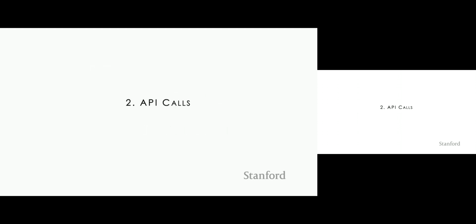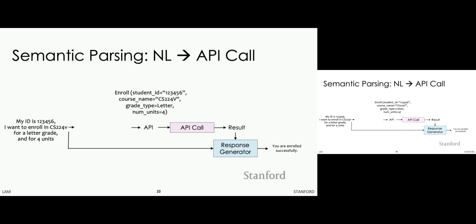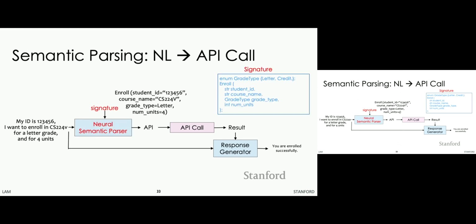Let's talk about API calls. Suppose I want to have an enrollment API that says, if you want to enroll, you need to get the student ID, course name, grade type, and number of units. And natural language like this comes in, and you want to generate that API call. Here, again, we're using a neural semantic parser, and just like before, we want it to be independent of the task at hand.